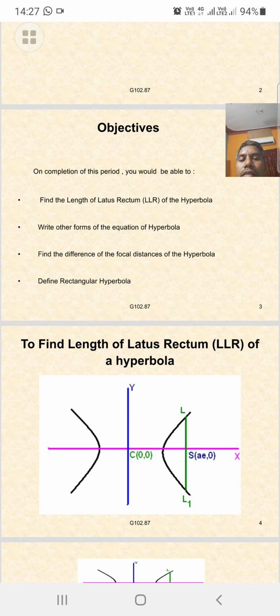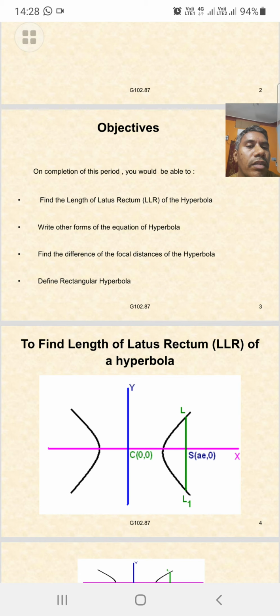Or if the axis lengths are equal, then its eccentricity becomes root 2. So in these two cases, it will be called a rectangular hyperbola.